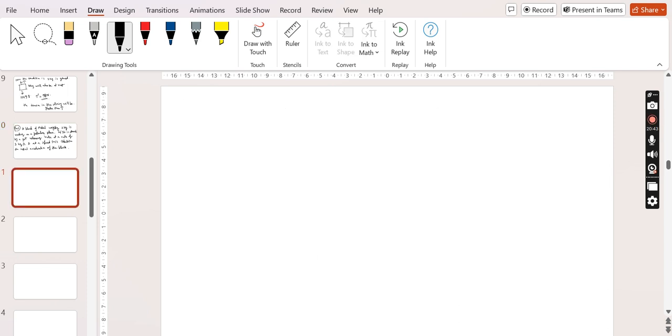So now, say this is 2 kilo. This thing is at rest.